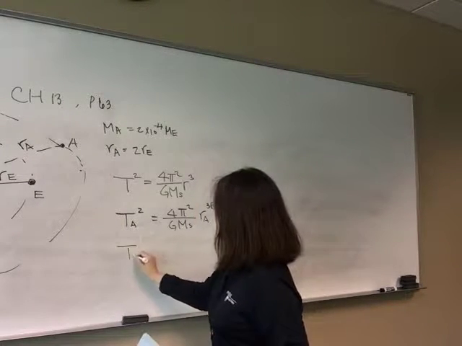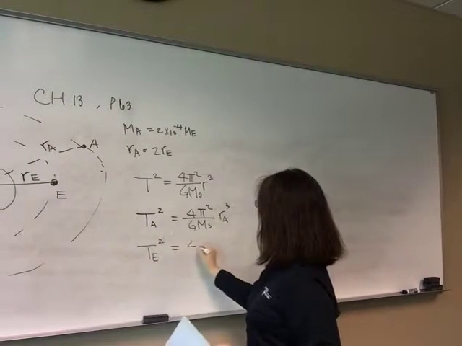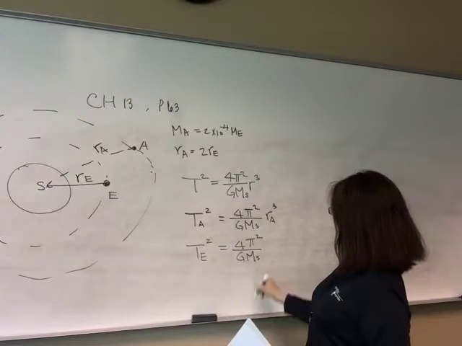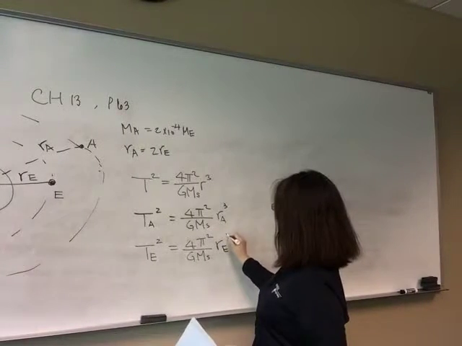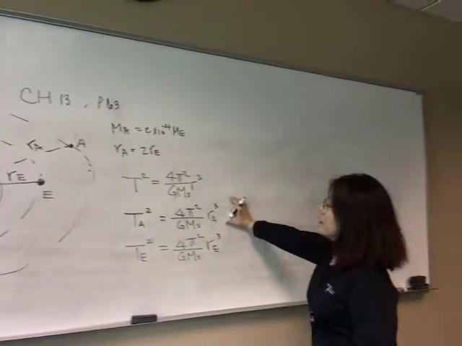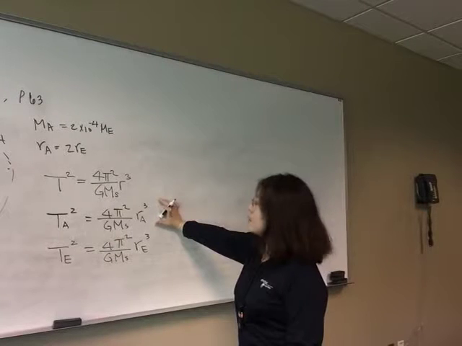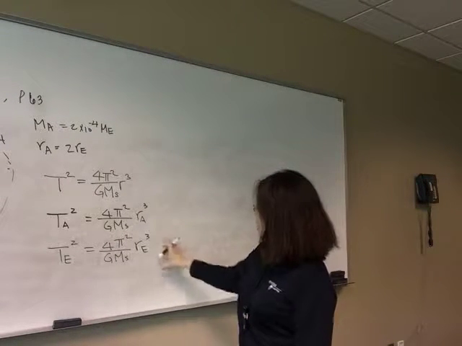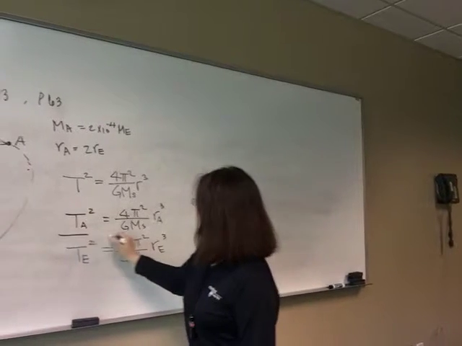And then you have T Earth squared is equal to 4 pi squared over G times M of the Sun, times RE cubed. So this is when we apply Kepler's law to the asteroid, and this is when we apply it to the Earth. So we can actually do a ratio.